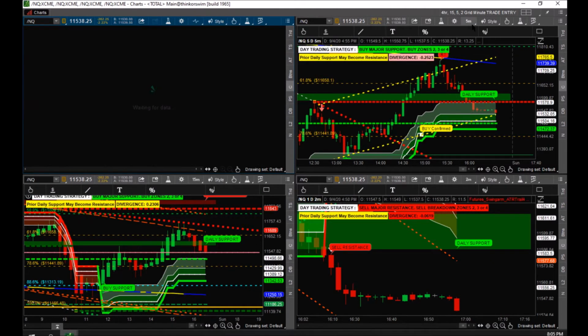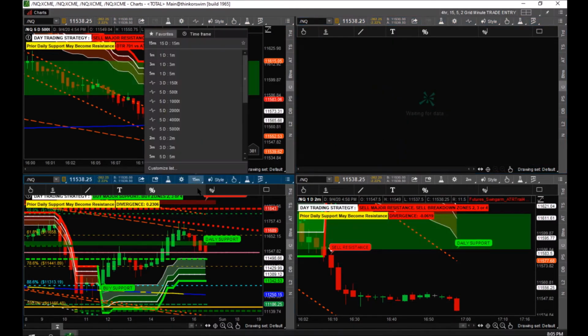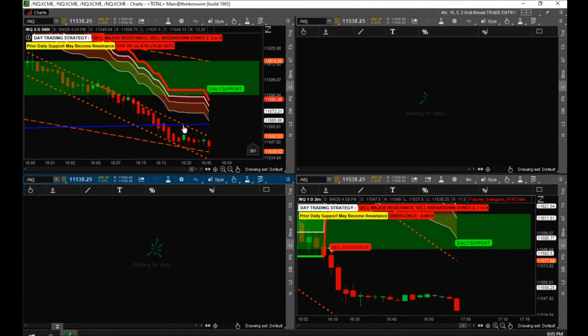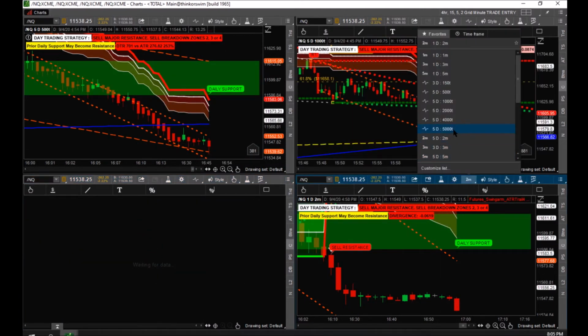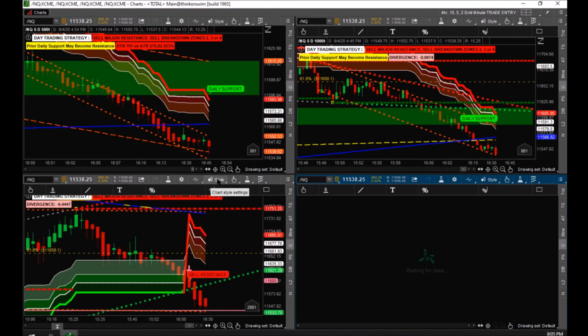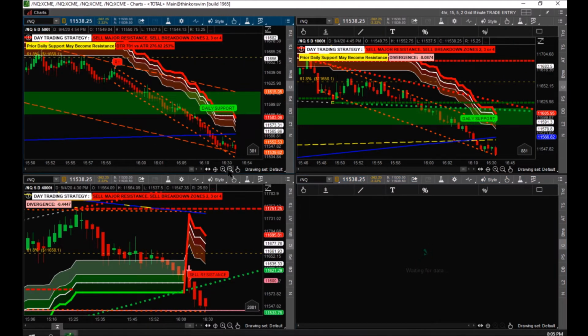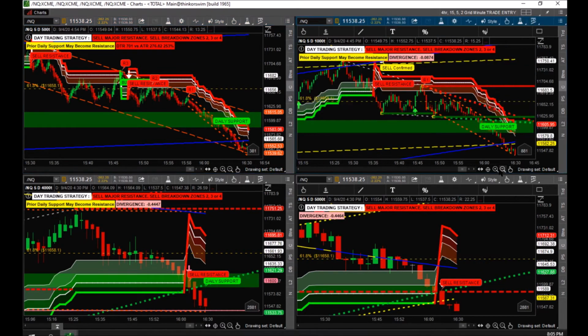You could do the 500, the 1,000, and then the 4,000, and then the 5,000 tick chart. All right, so this is how a screen of multiple time frames should look.